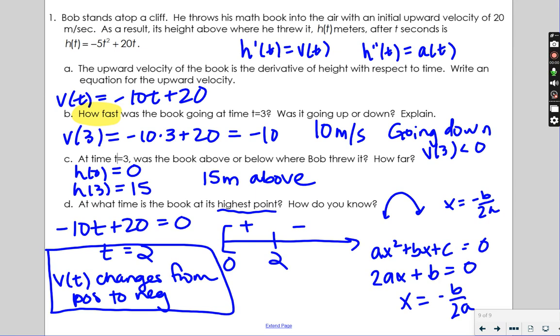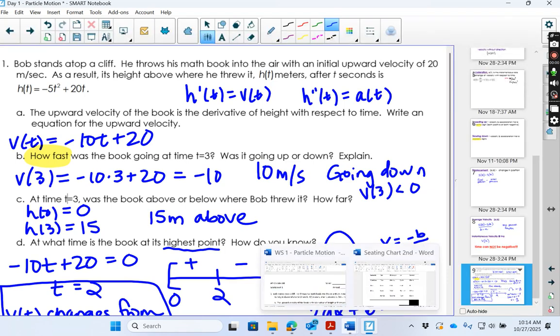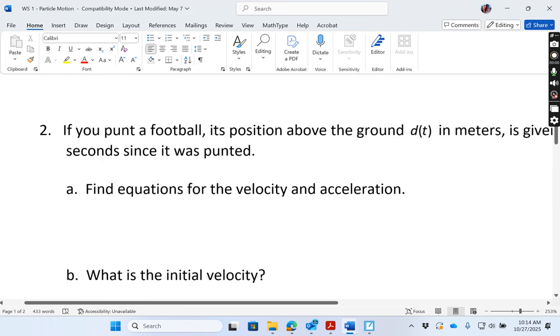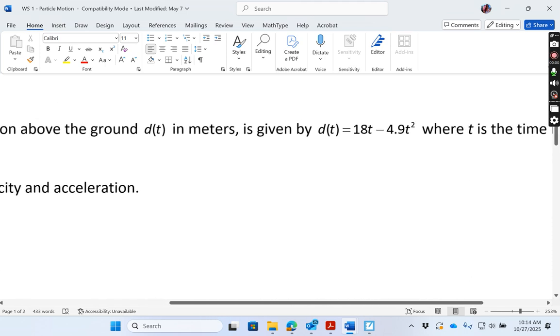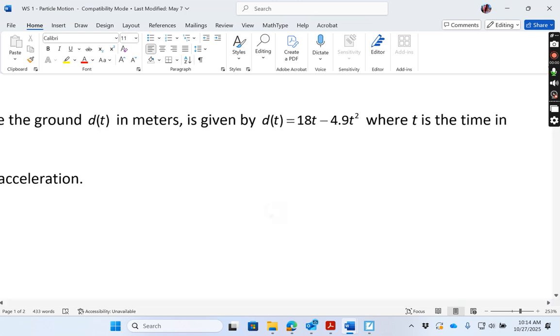All right, let me show you guys the rest of this worksheet because the equations did not get printed. We already did number 1. Let's scroll down to number 2. There's the equation for number 2. I'll give you a second to jot that down: 18t minus 4.9t squared. Part C also did not print.